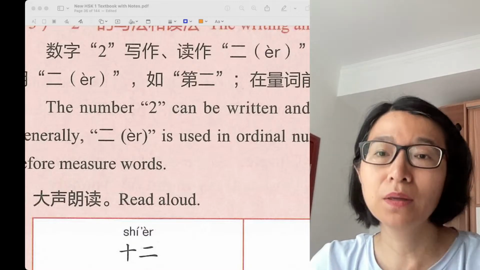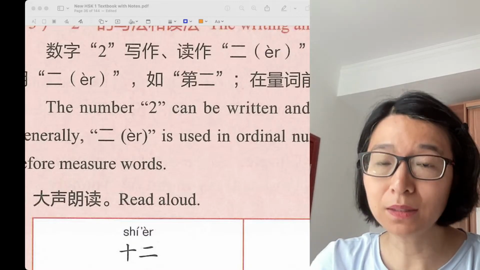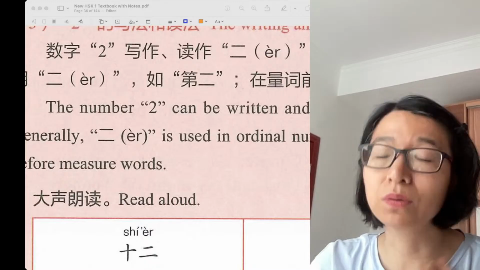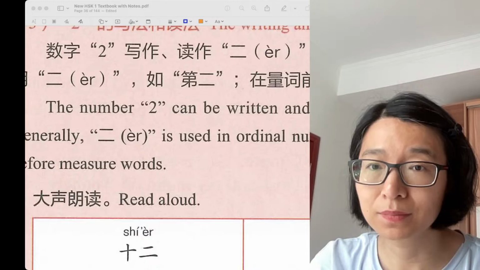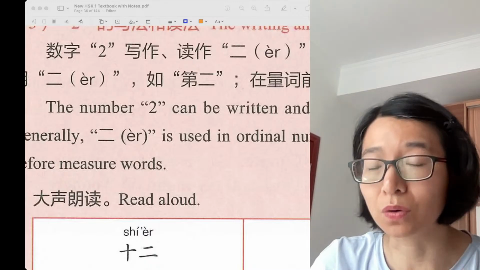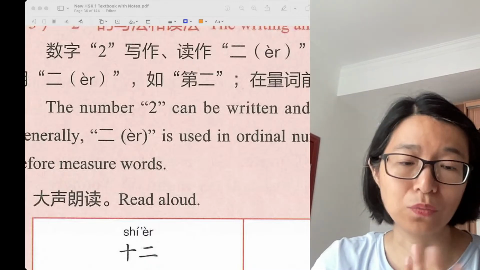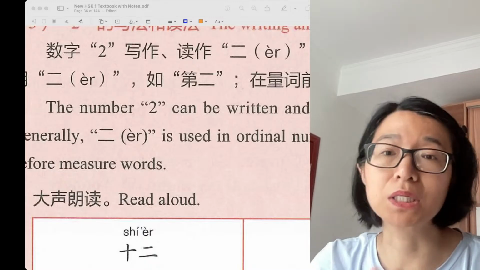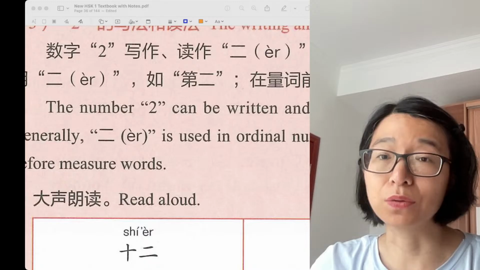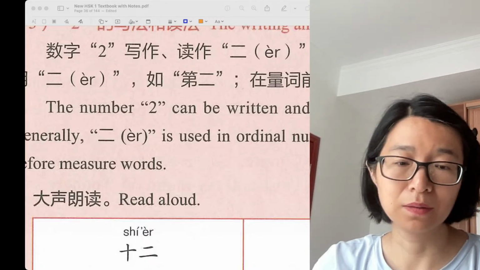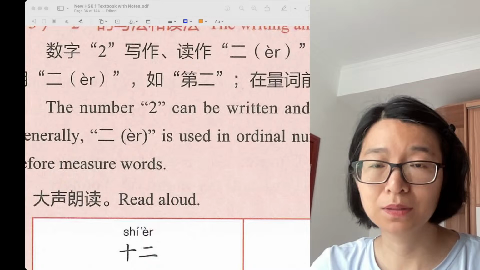When you count 20, 二十, also 二. When you count 22, 二十二, just 二. When you say 12, 十二, right? So basically, when you count numbers, just 二.